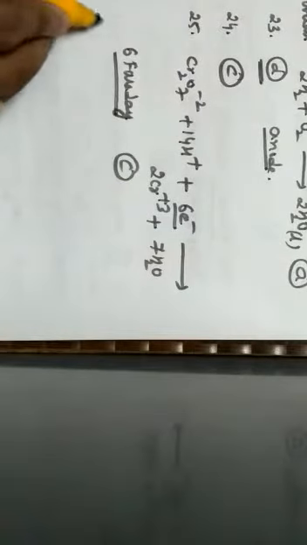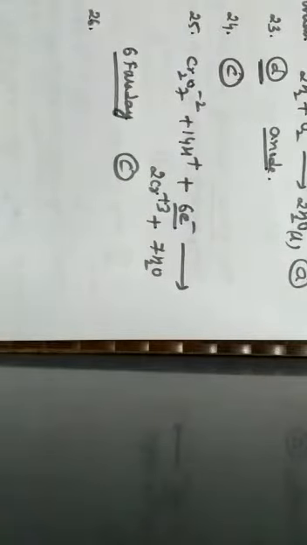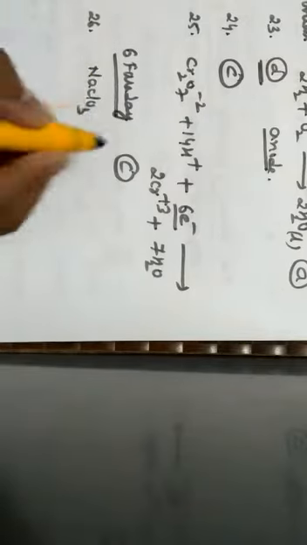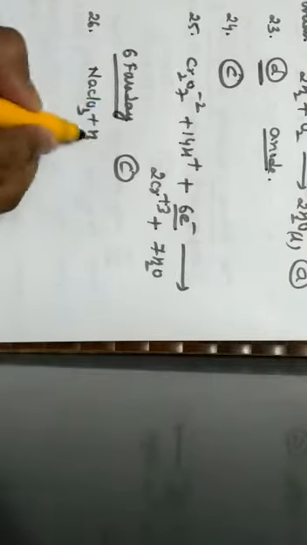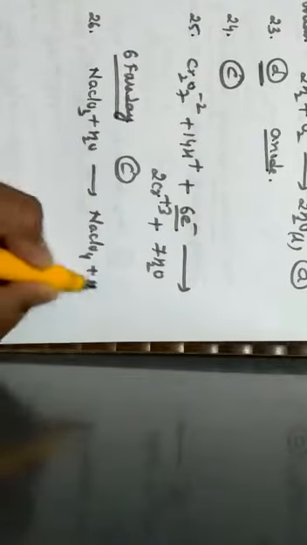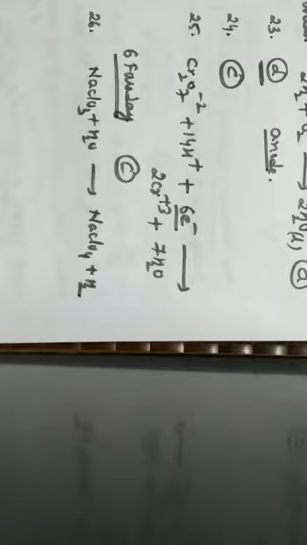Next one, question number 26. By passing electric current, sodium chlorate is converted into NaClO4 according to the following equation. How many moles of NaClO4 will be formed when 3 Faradays of charge is passed through NaClO3? Okay, they have given an equation, that is sodium chlorate NaClO3 upon combining with water gives rise to NaClO4 along with the liberation of hydrogen.